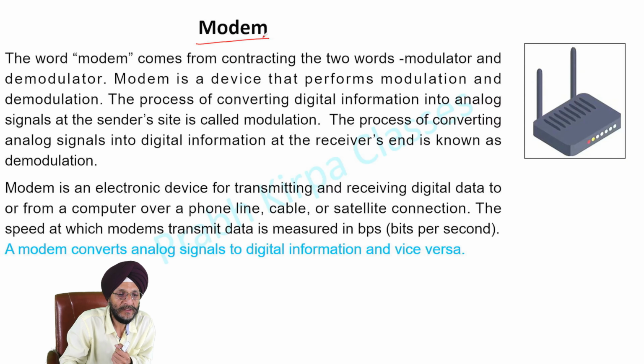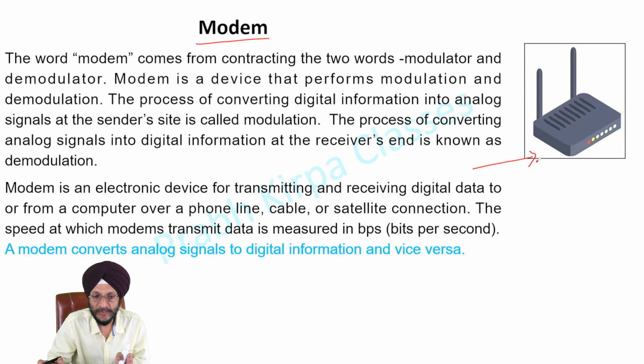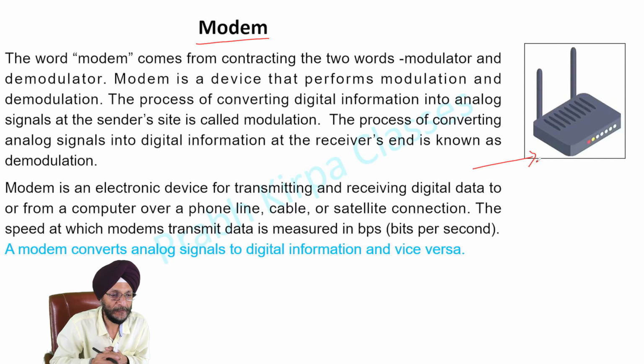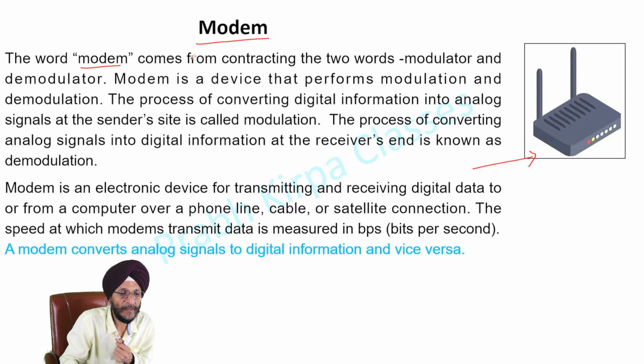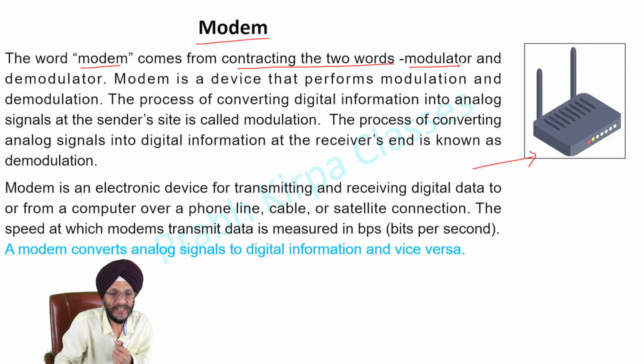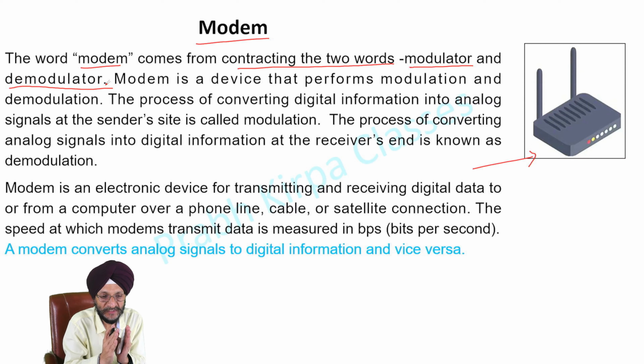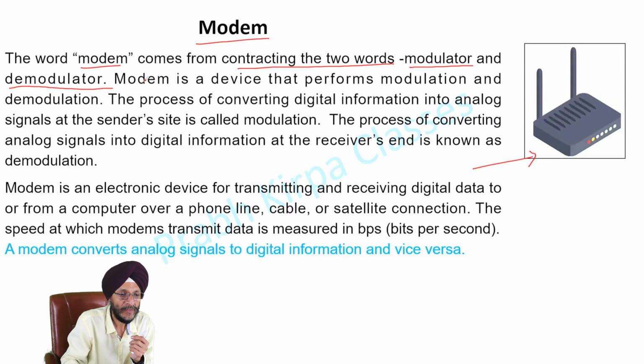Now, this is a device which has been shown. We usually use this type of device in our homes. This word modem comes from contracting two words. The first word is modulator and the other is demodulator. Both of these words, modulator and demodulator, combine to form modem. A modem is a device which performs modulation and demodulation.